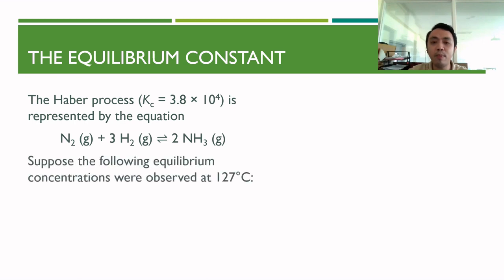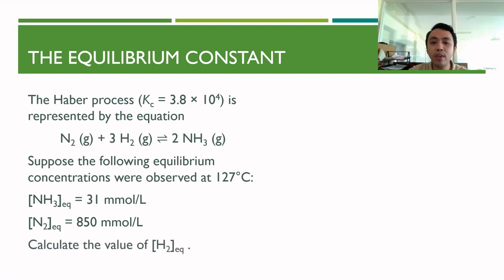Suppose the following equilibrium concentrations were observed at 127 degrees Celsius. For ammonia, its equilibrium concentration is 31 millimole per liter, and for nitrogen, its equilibrium concentration is 850 millimole per liter. From these, we are asked to calculate the value of the concentration of H2 at equilibrium.